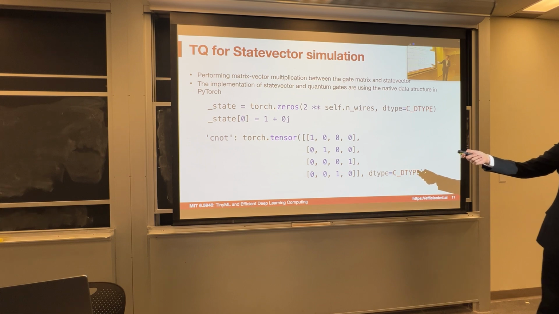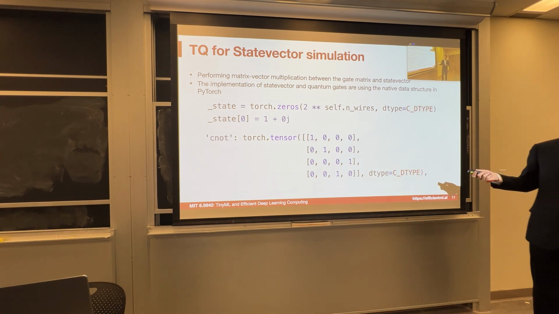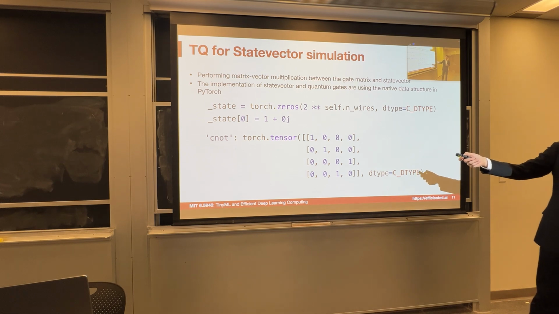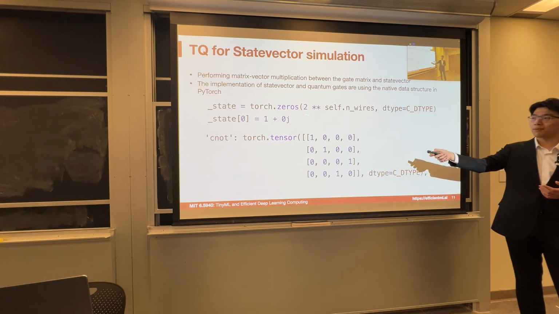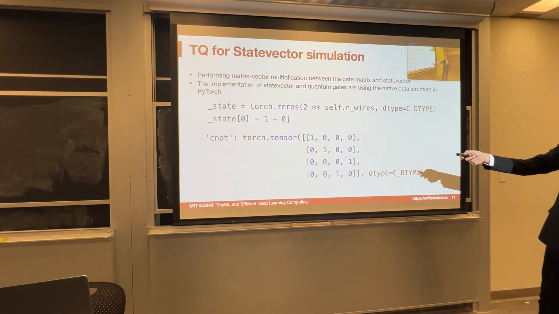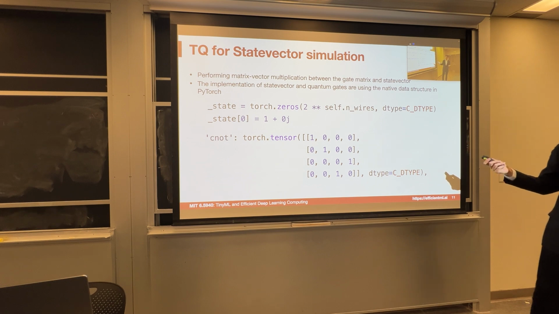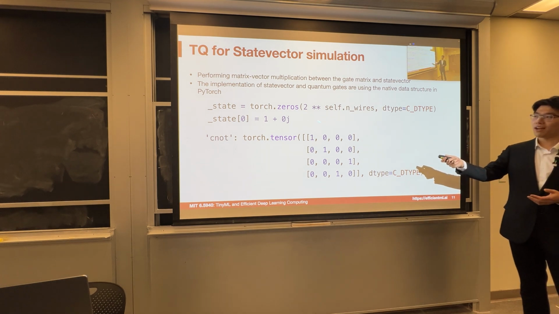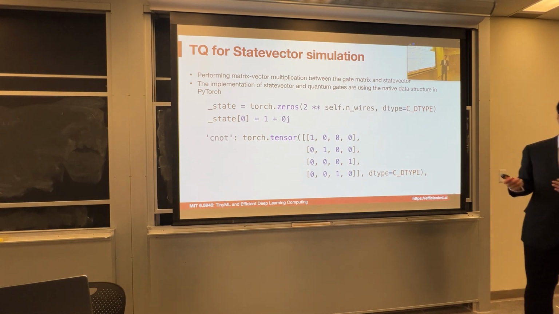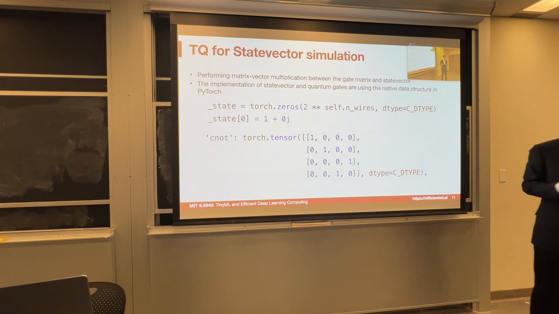Let's have a quick look at the data structure we are using in TQ. Basically, all the states are implemented with the torch data structure. For example, torch.zeros, you can use that as the tensor with length 2 to the power of n. Remember that we have an exponentially large state vector to represent the state, and we need to make sure the initial number is 1, or sometimes you want to use, say, a magnitude encoding.